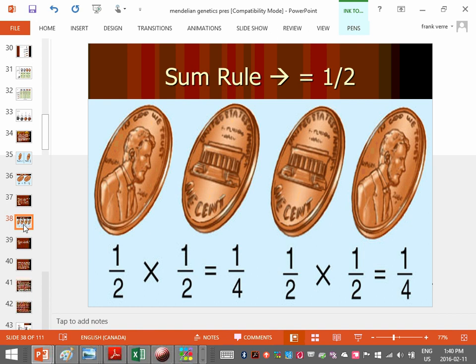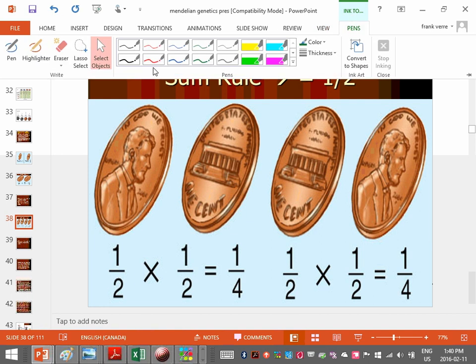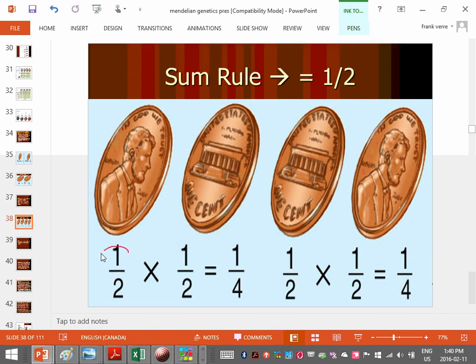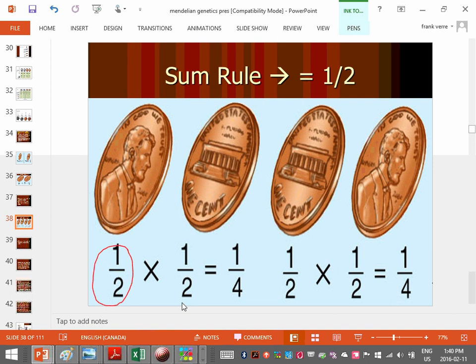So I'll show you an example. What are the odds if I give you 2 coin tosses, you get 1 heads and 1 tail? What are the odds? 50%. Okay, now why? Well, here's the thing. You could get this scenario where the first coin toss gives you heads, and the second one gives you tails, and the product rule says that this sequence, heads, tails, is 1 in 4.